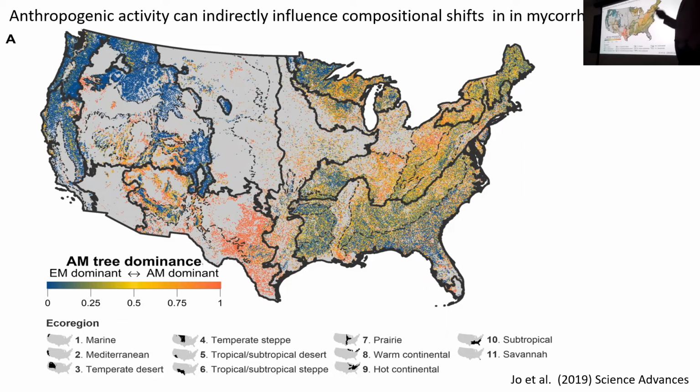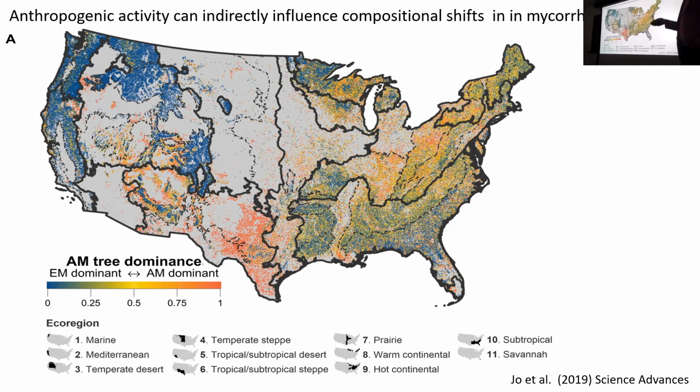The reason this is important for my study system is there's also another difference between arbuscular mycorrhizal and ectomycorrhizal associations. Ectomycorrhizae are descendants of brown rot fungi. Brown rot fungi are able to degrade cellulose, and therefore they contribute to wood decomposition, where you have the brown rot fungi degrading the cellulose, and you have white rot fungi degrading the lignin.